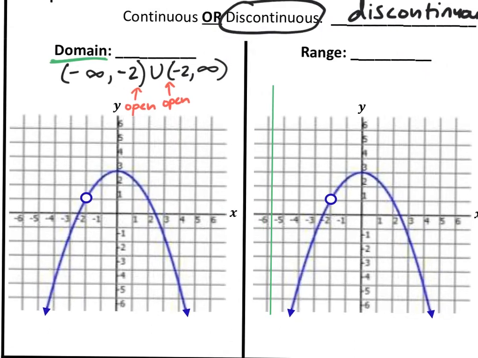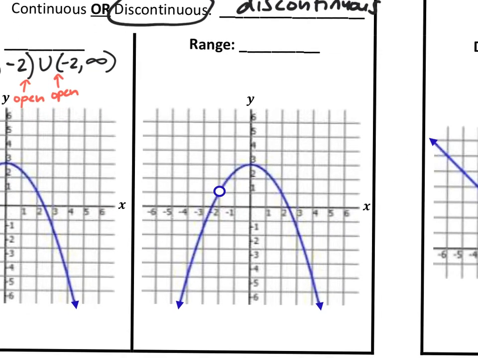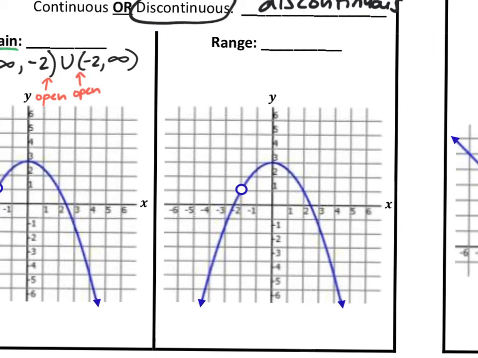Let's look at the range. Oh, sorry, let me delete this stick that we used for the domain. Now let's look at the range, and we're going to look at purple. So you would take out your spaghetti stick, and we're going to do a horizontal scan.